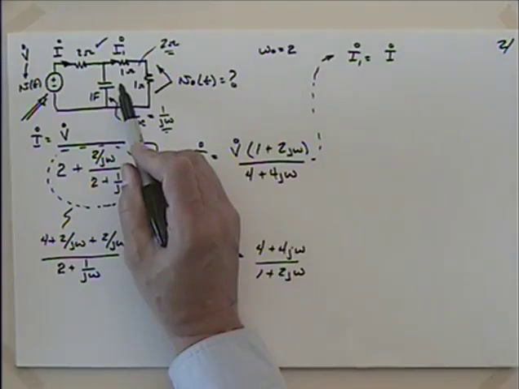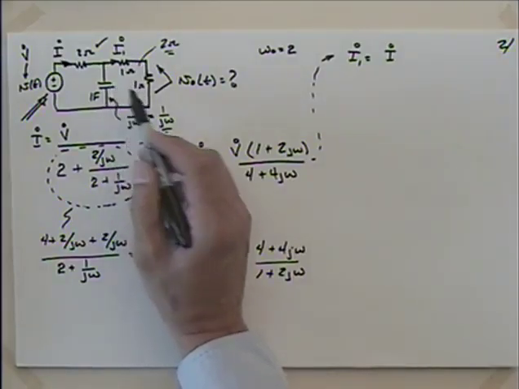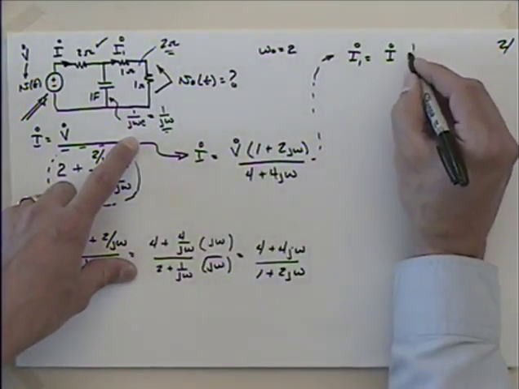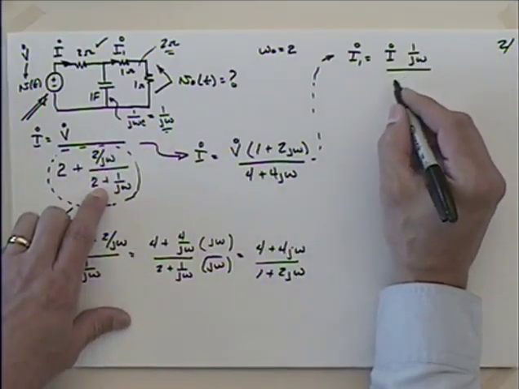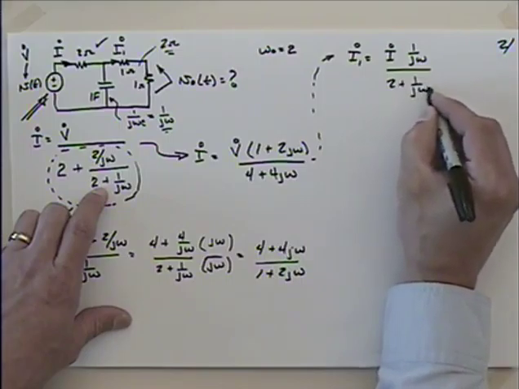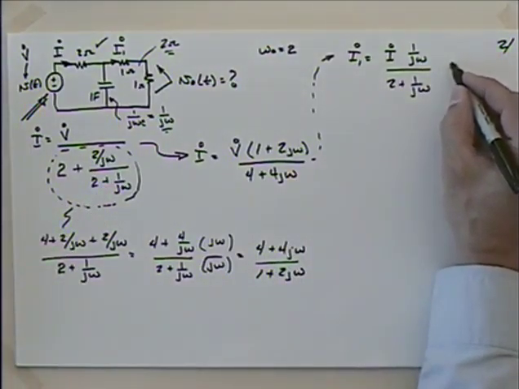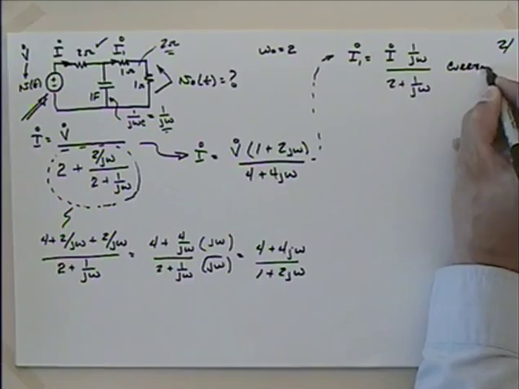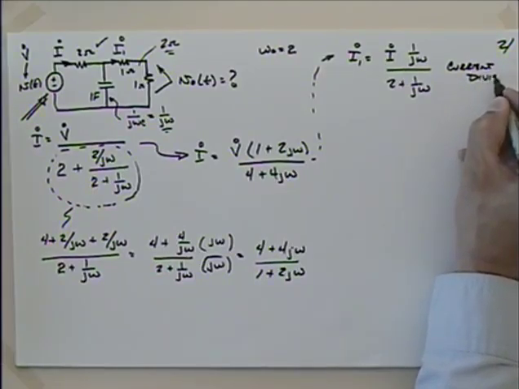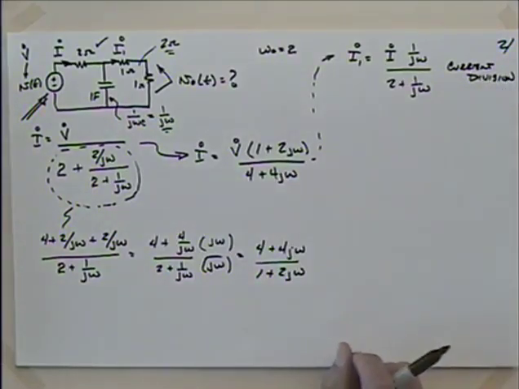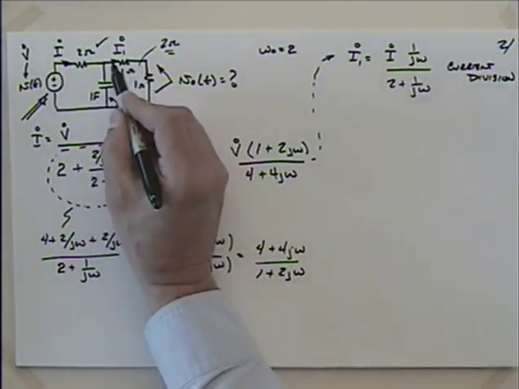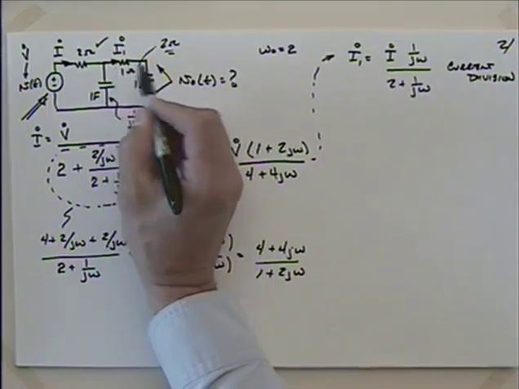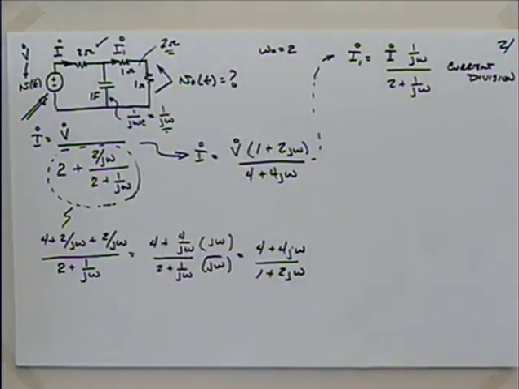I have to use current division, don't I? So I multiply by this impedance, which is 1 over j omega, and divide by the sum of the two impedances, which is 2 plus 1 over j omega, current division. Eventually I'm figuring that if I get I1, I just multiply it by 1 ohm. Yeah. Okay.